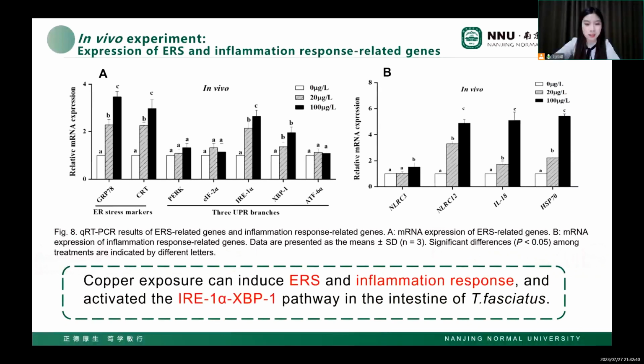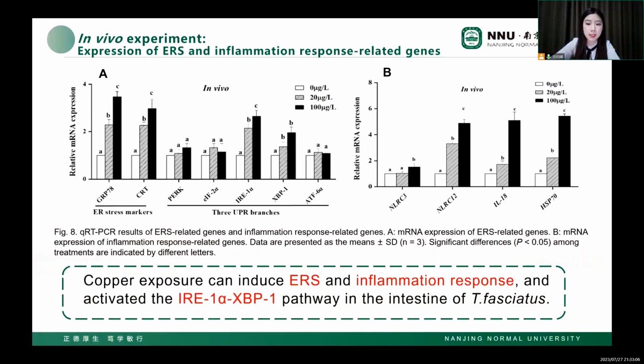inflammation response-related genes after exposure to copper. The expression of ERS-related genes like GRP78, CRT, IRE1 alpha, and XBP1 was significantly higher compared to the control group. In contrast, the expression of PERK, EIF2 alpha, and ATF6 alpha genes did not show significant difference from the control group.